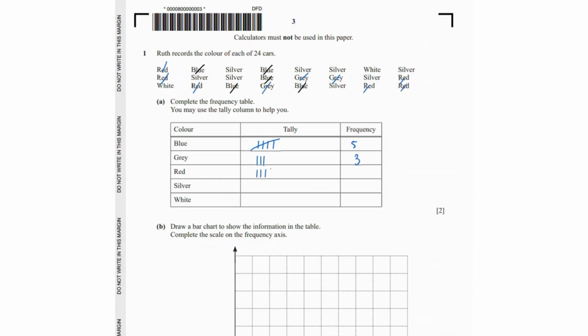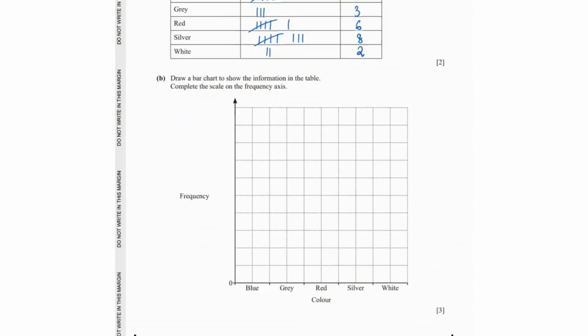And then for silver, it's 1, 2, 3, 4, 5, 6, 7, 8. And lastly, for white, it's 1 and 2. So that's your answer.